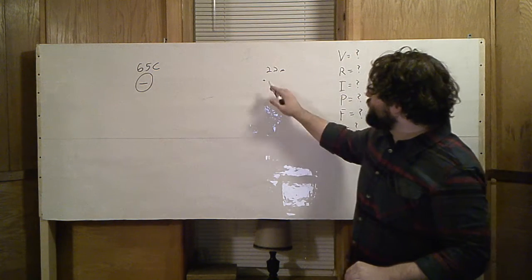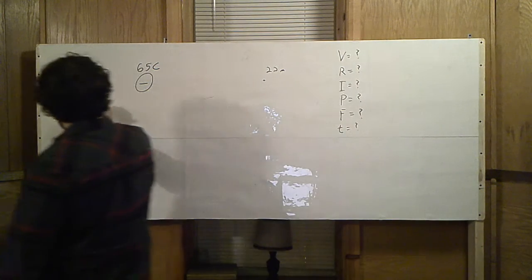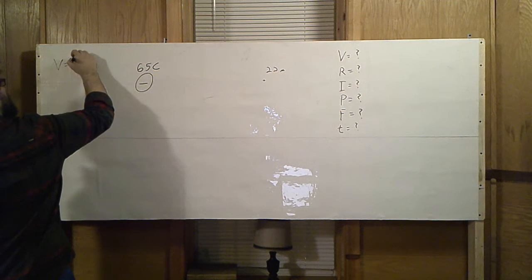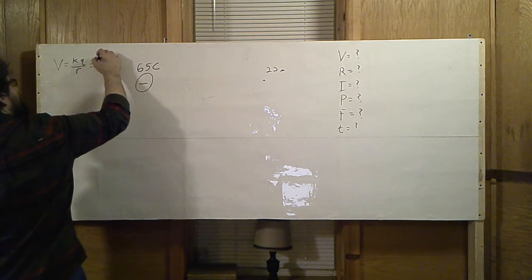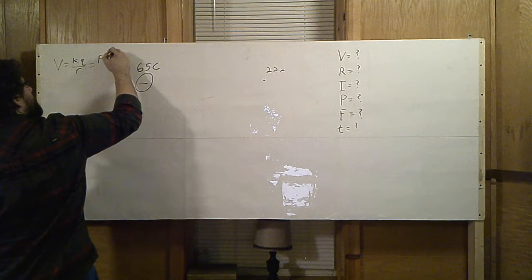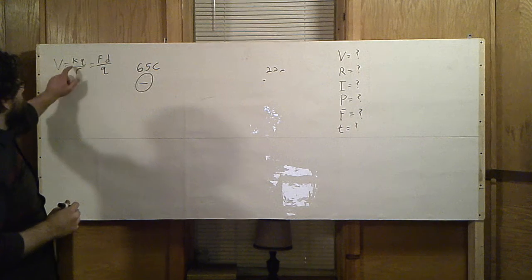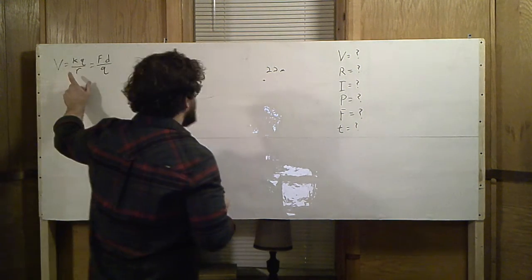So, what's the voltage at a point 22 meters away? Well, voltage is found, let's start up in this corner, V is found using kQ over r. It is also equal to Fd over Q. We're going to use this definition. kQ over r.